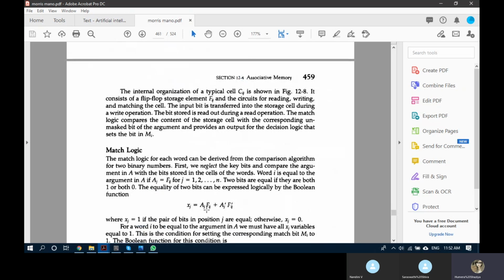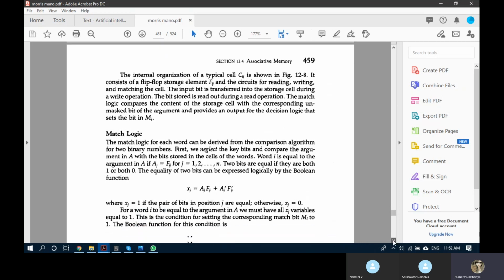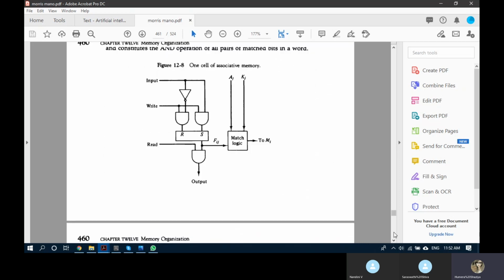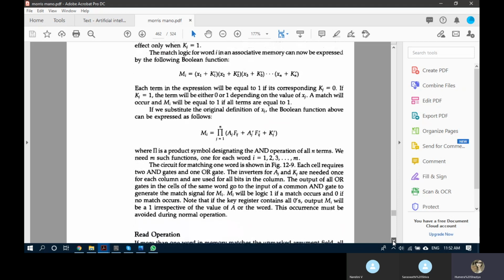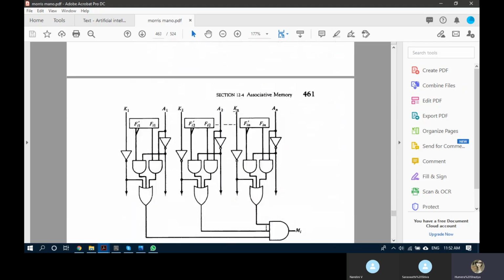Xj is equal to Aj Fij plus Aj dash Fij dash. And then you also have to add to this Xj plus Kj. So here you get Kj. Kj should be negated. So this negation, and everything is summed up. Whatever is the result, that is the value for M. Like that you do for every bit position.